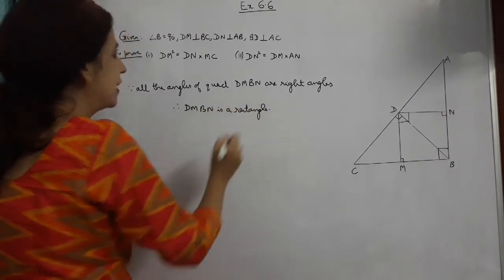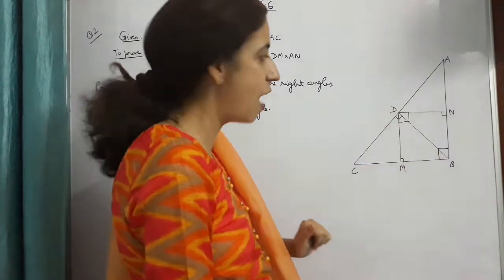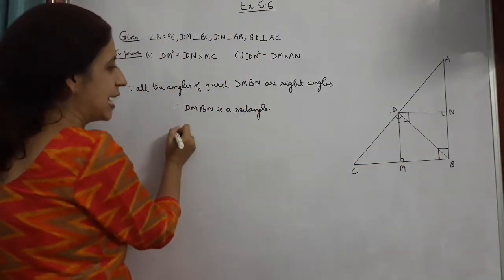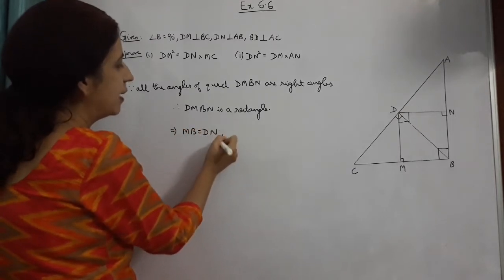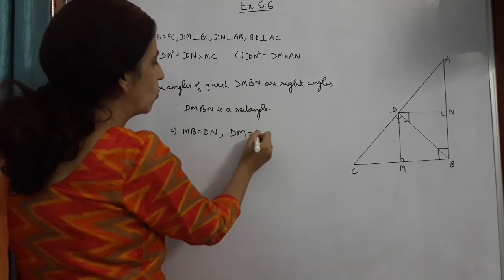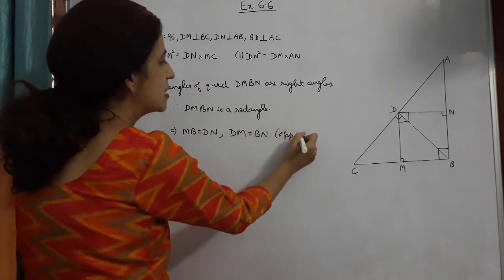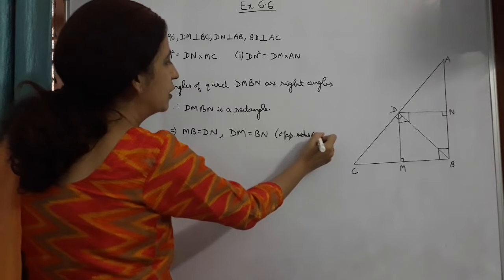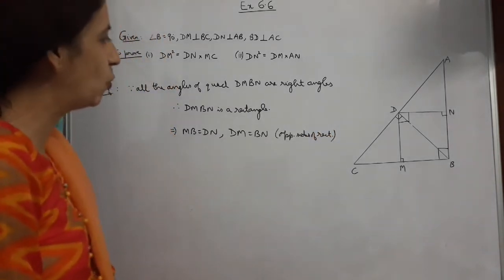And if it is a rectangle, then definitely opposite sides of the rectangle are equal. So we obtain that MB is equal to DN, and DM is equal to BN because opposite sides of rectangle are equal.